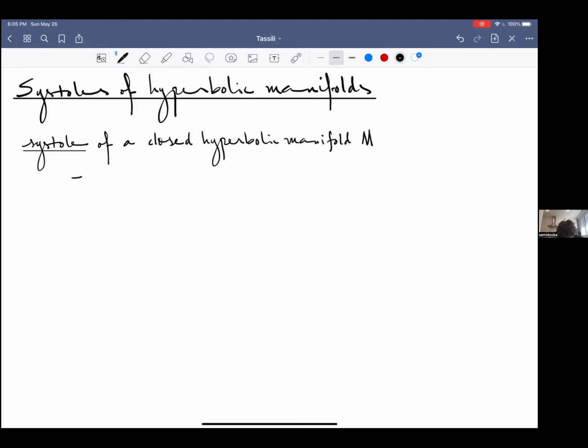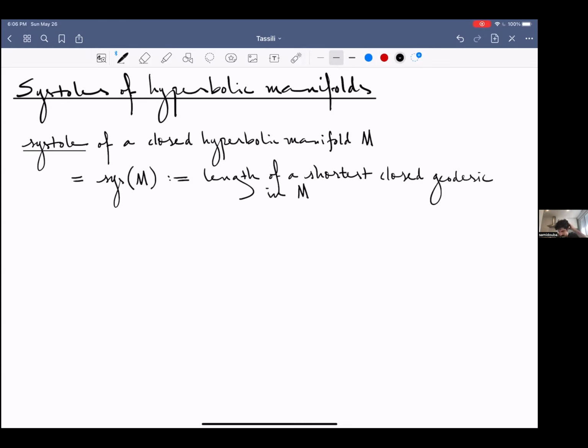I'll denote it sys M, and it is by definition the length of a shortest closed geodesic in M. I say a shortest because in general there will be many. And a shortest geodesic exists by compactness of M. So this is a well-defined and positive quantity.